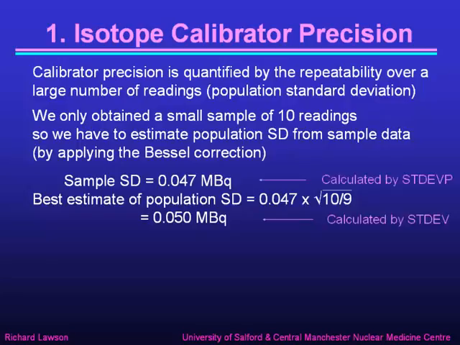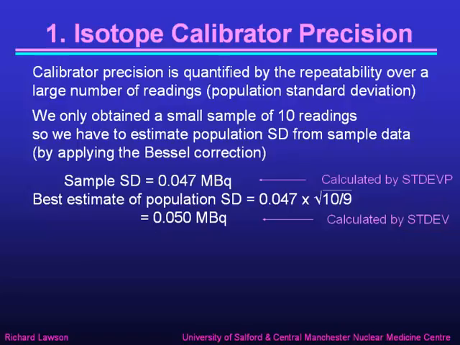Now if you'd used Excel to calculate the sample standard deviation using the function stdevp, you would have got 0.047. If you use the function stdev, you get the answer 0.050.